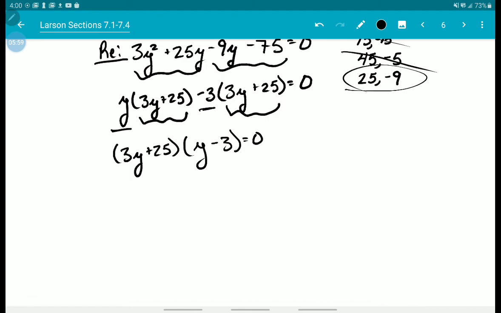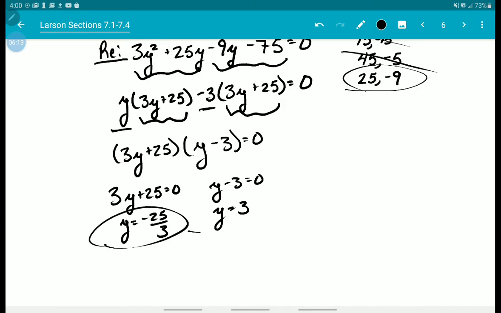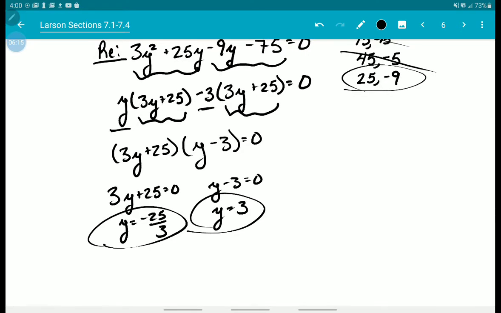So we have factored. And now we're going to set each factor equal to 0. So we're going to get y equals 3 and y equals negative 25 over 3. So these are our possibilities. Now that we have y, we've got to figure out what x is going to be.